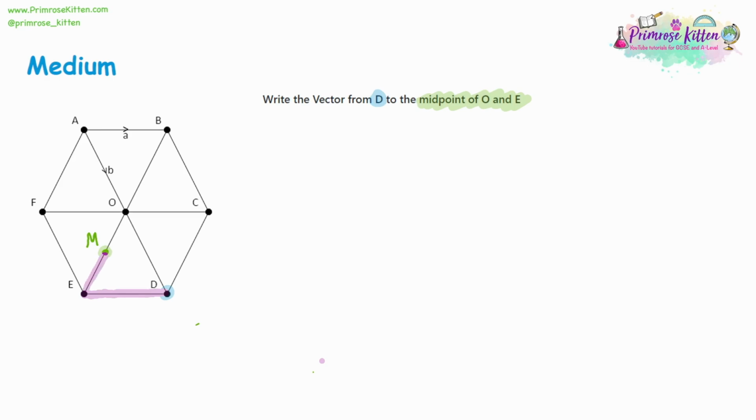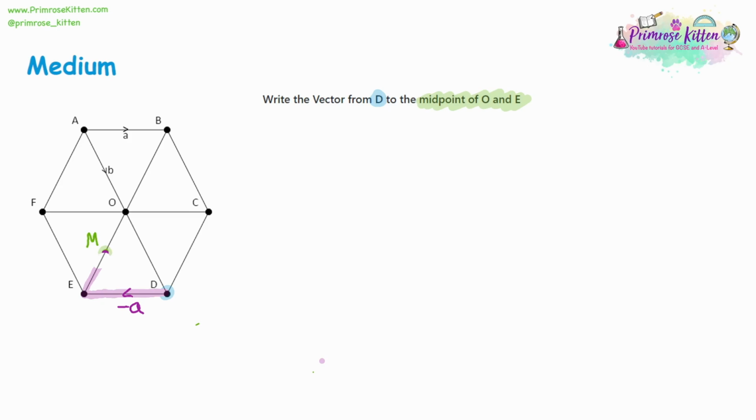We can go halfway along that line to M. So what have we done? We've gone backwards down A. And then, looking at this, actually, this doesn't have a label. We can't go in this direction. So this is a little bit of a dead end. So there's going to be a different way to do this.